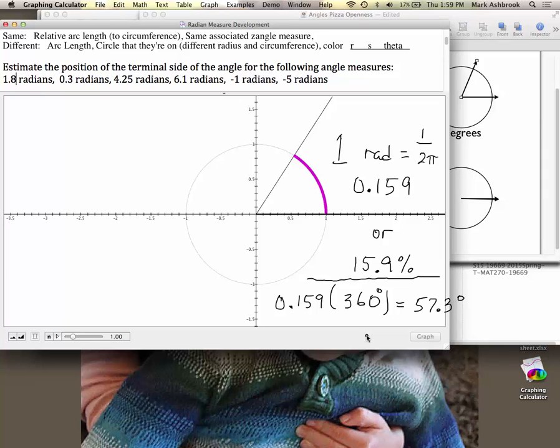If you work with percent of the circle, all you need to know is what a full rotation is in radians, which is 2 pi, and what a full rotation is in degrees, which is 360. And if you know those two things, and you know very basically how to find a percent and how to use percent, then there's nothing to memorize, okay? So let's practice that.